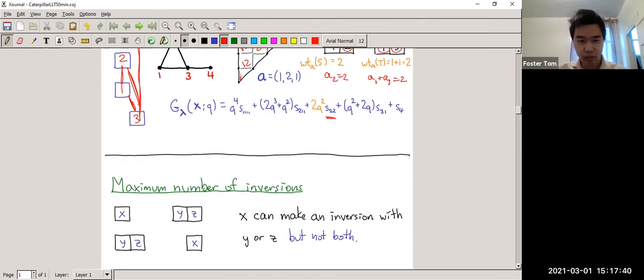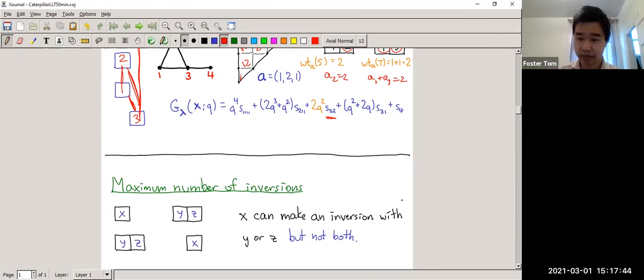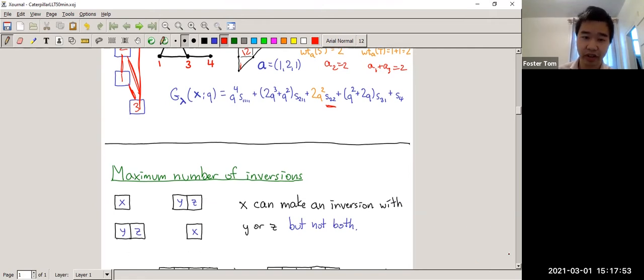Okay, so now I'm going to get into a little bit about how I was approaching this problem. One thing that you begin to notice when you're playing around and putting numbers in the boxes is that if you've got a configuration that looks like either of these, the cell X can make an inversion with Y or with Z. An inversion can happen if I have two cells in the same column or if they're in adjacent columns.